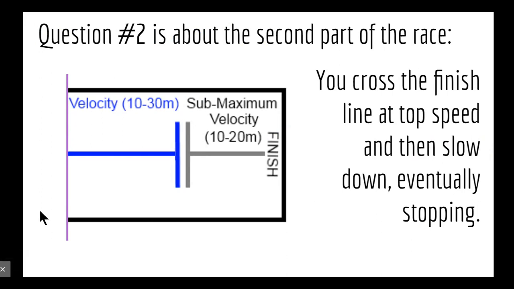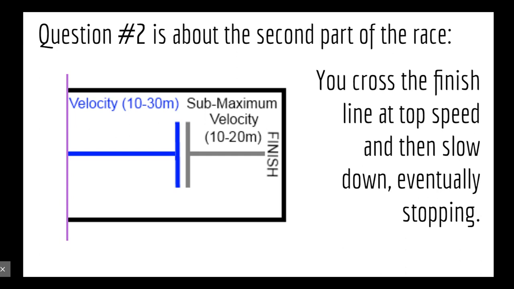Question number 2 is about the second part of the race. You cross the finish line at your top speed and then gradually slow down, eventually stopping.